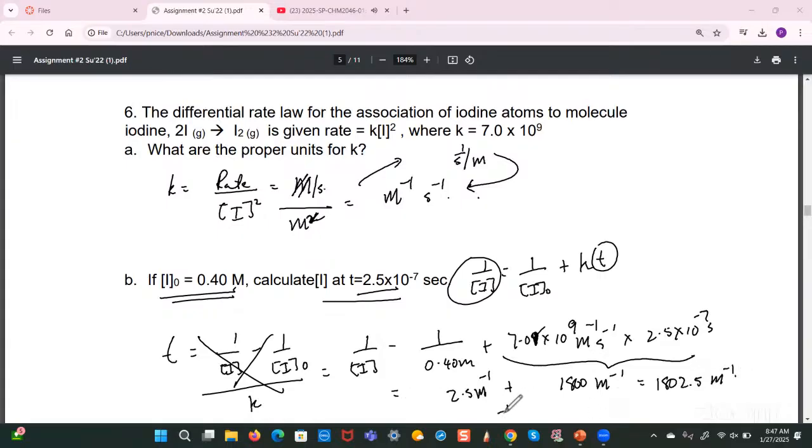So the concentration of I is equal to 1 over 1802.5 M to the minus 1. And the answer I got is 5.548 times 10 to the minus 4.